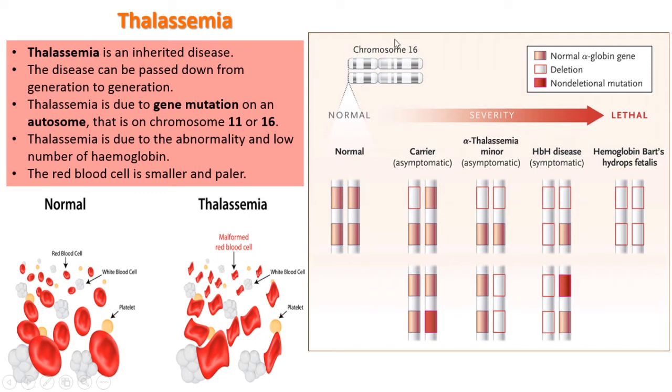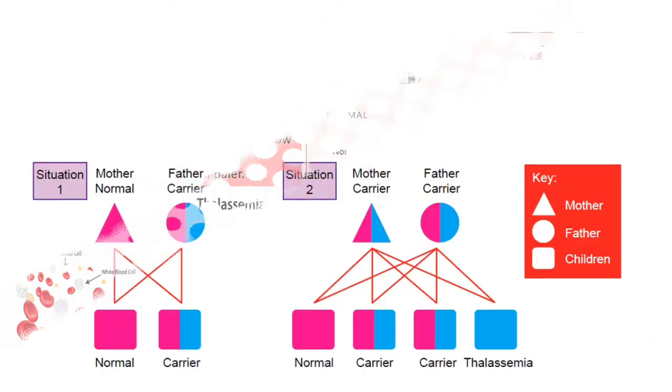When the mutation occurs, the person may be a carrier, or have thalassemia minor, or symptomatic thalassemia. And this is the hemoglobin part. This is the severe one. This is the situation of the inherited disease.